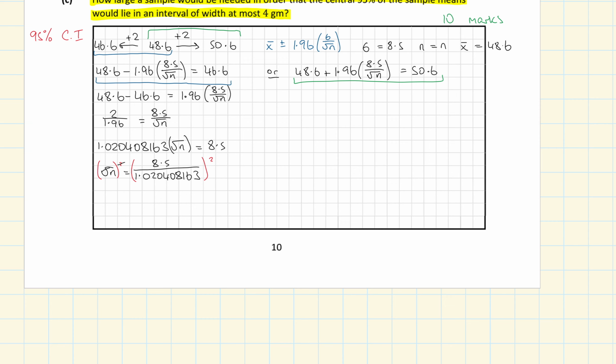We want to get rid of the root, so we'll square both sides. The root and the square will cancel, and at the end then we get 8.5 over 1.020408163 squared out.